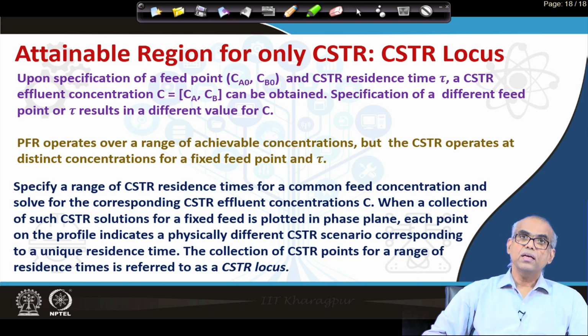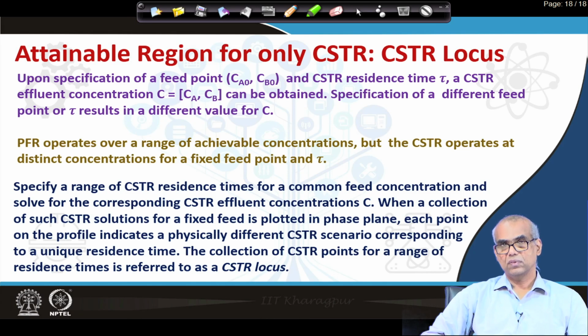So, we specify a range of CSTR residence times for a common feed concentrations and solve for the corresponding CSTR effluent concentration C. Recall how we obtain the PFR trajectory. We just solved the two differential equations representing the PFR.